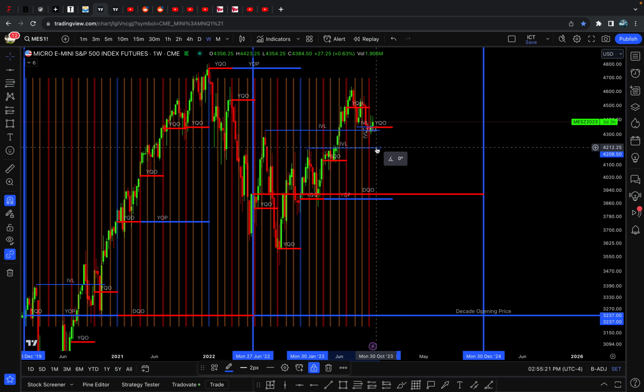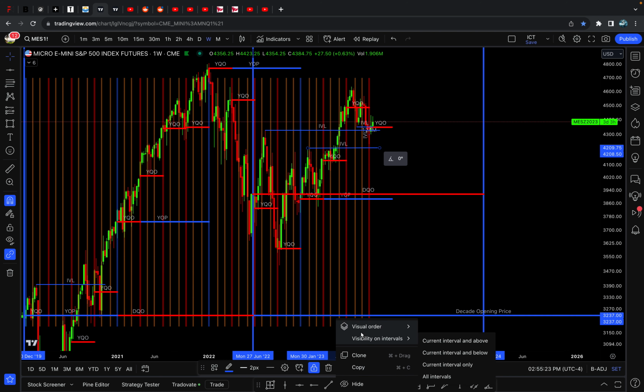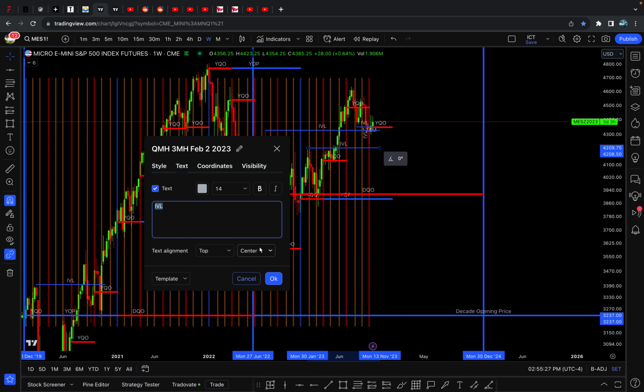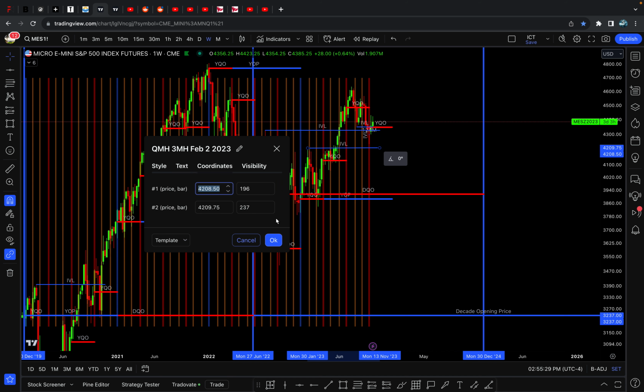We've got this inversion level. You could extend that out some and say that maybe price will obviously react on that.